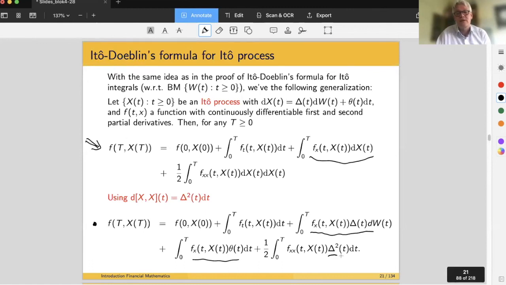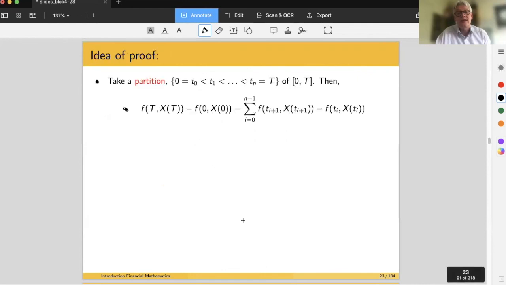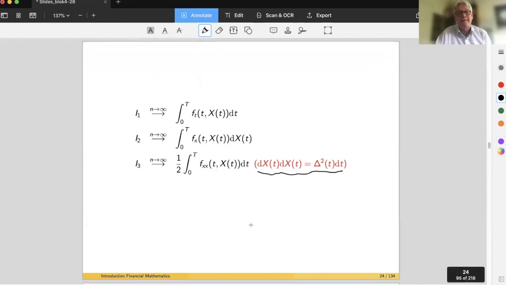Here is the delta square. So it will be on the slides. You see there can be a mistake once in a while in the slides. So the delta square should enter there. And the fourth term with the dt squared goes to 0, and the fifth term as well.